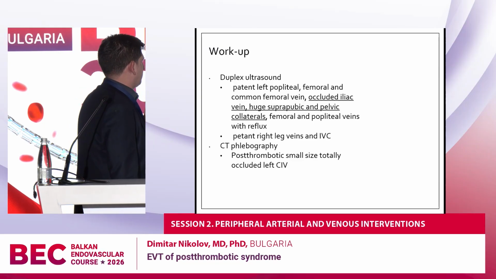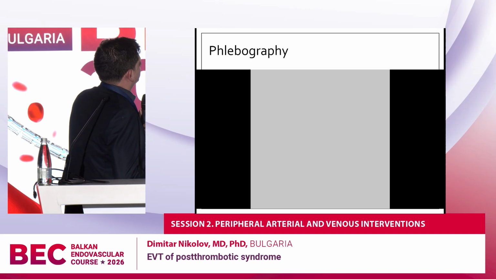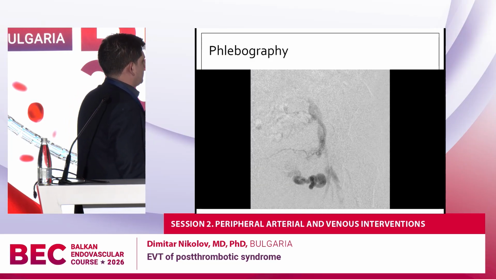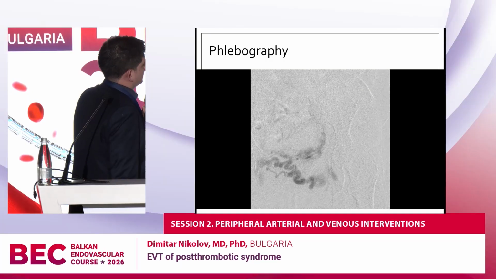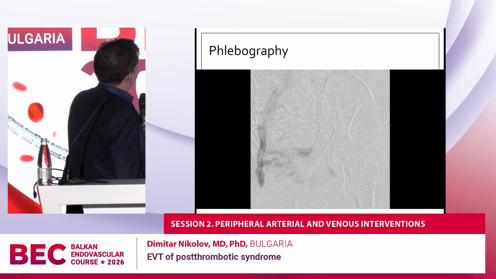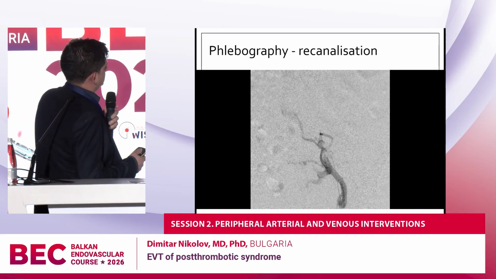On the CT phlebography, we saw a postthrombotic, small-size, totally occluded common iliac vein. This is the initial phlebography. You can see the big collaterals going to the other side. So we performed a recanalization.